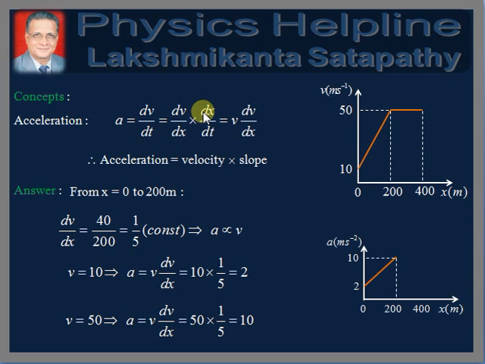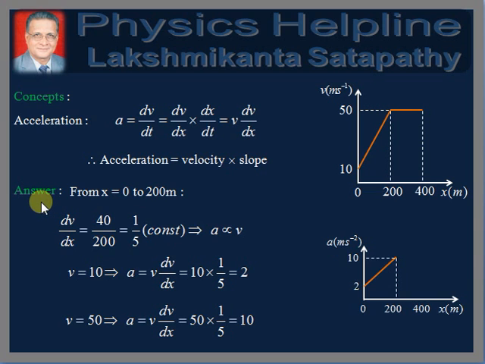We will multiply and divide by dx. Therefore, we get a is equal to dv by dx into dx by dt. But dx by dt is equal to v, which gives a is equal to v into dv by dx, which gives acceleration is equal to velocity into slope of the v-x graph.